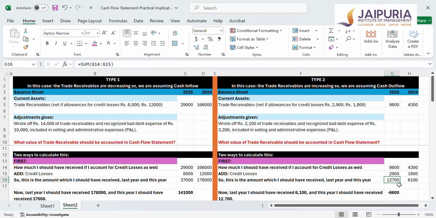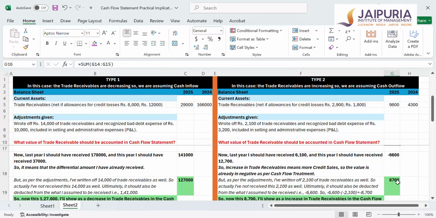So 6,600 rupees additional cash outflow is shown. It's actually not a cash outflow, but we are assuming that because of this credit sales, I have not received the cash. Clear?